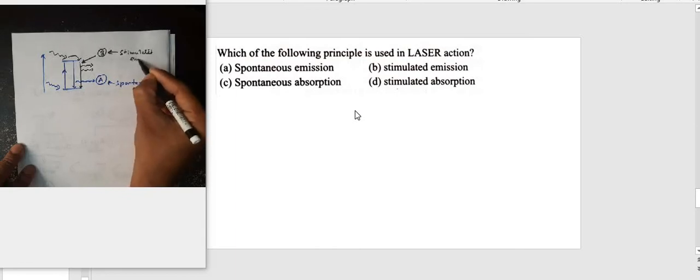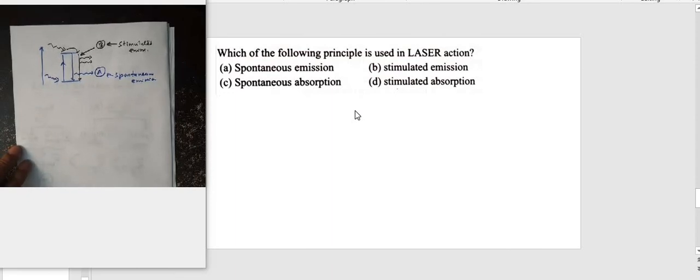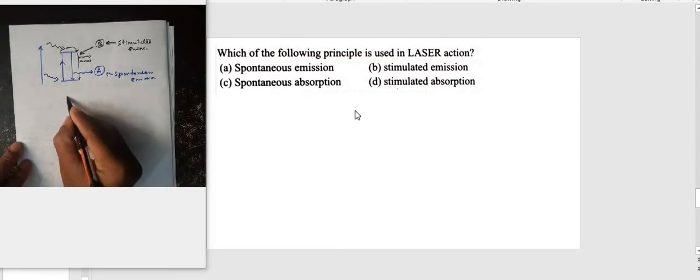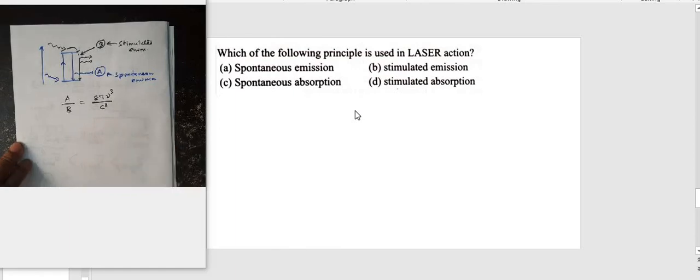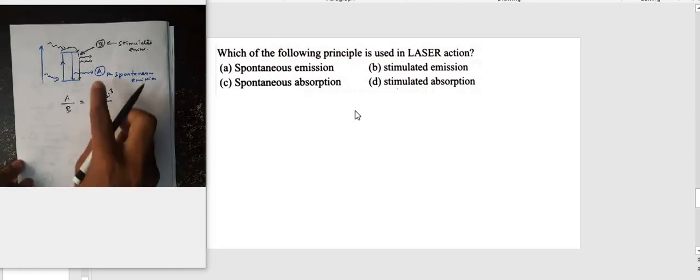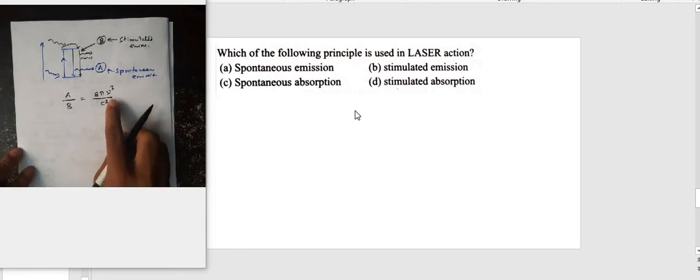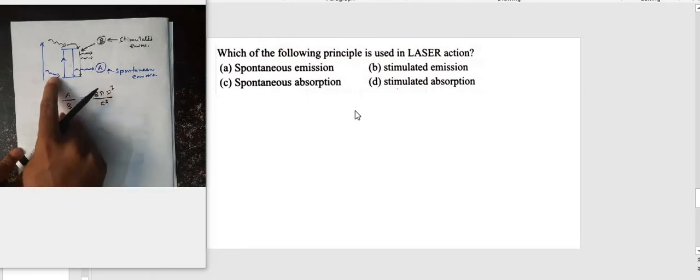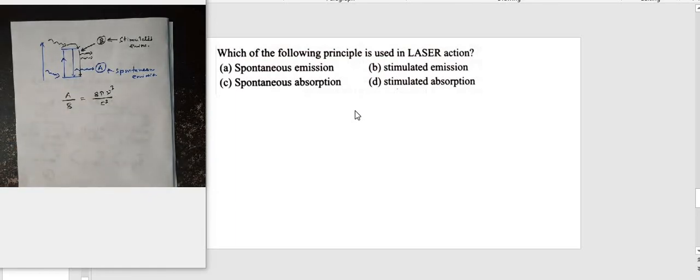You know very well, using Einstein's semi-classical theory, we can write that A by B equals 8 pi nu cube by C cube. There is a relation available between the two rate constants. It indicates clearly that as the frequency of the incident radiation increases, spontaneous emission will occur in a more probable manner.